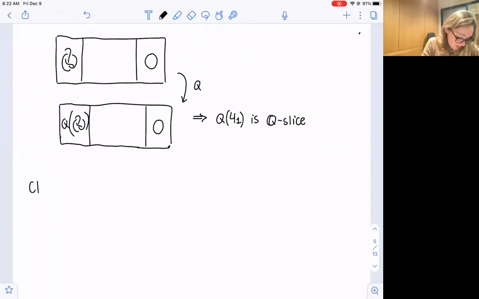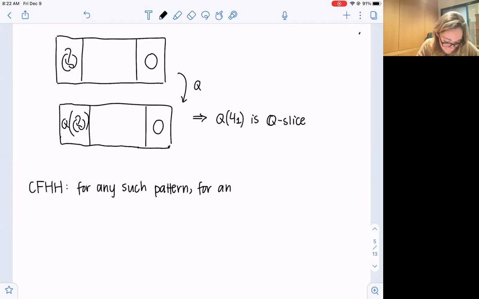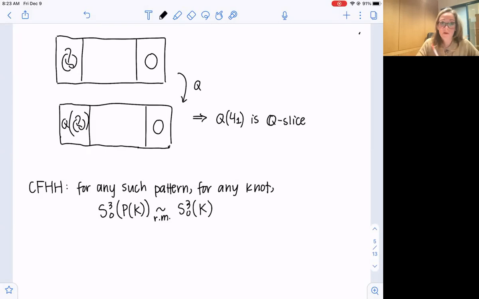There is a result of Cochran, Franklin, Hedden, and Horn in the same paper as mentioned earlier, that for any such pattern, so unknotted with winding number 1, for any knot, we have that the zero surgeries of the satellite and the knot will always be homology cobordant relative to meridians.